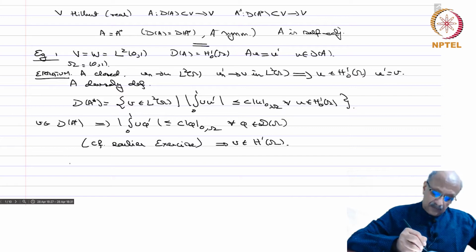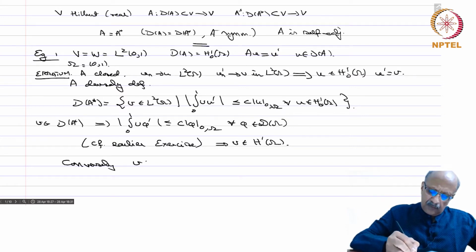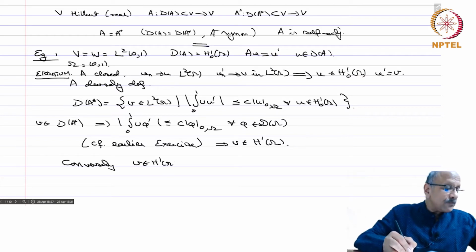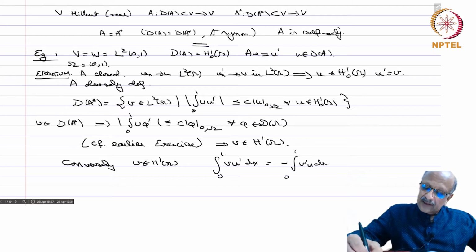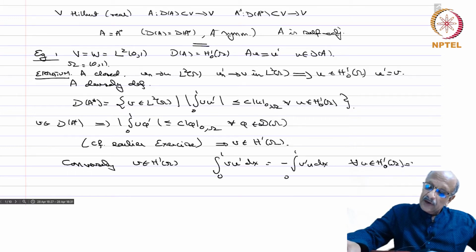Conversely, if v belongs to H1 of omega, then you have the integral from 0 to 1 of v u dash dx is equal to minus the integral of v dash u over omega dx, and there are no boundary terms because u is in H1_0 of omega, which is D(A).